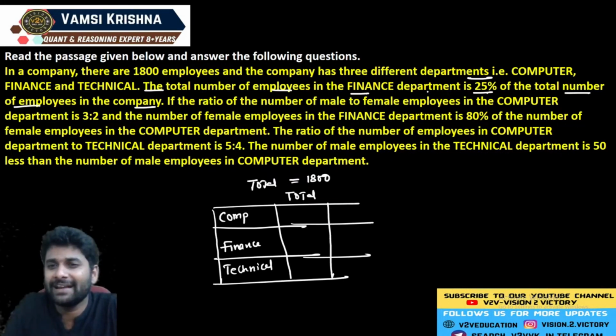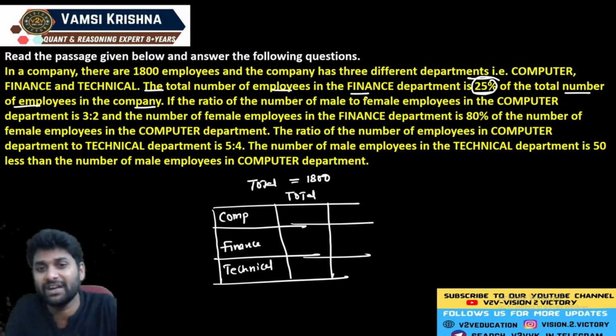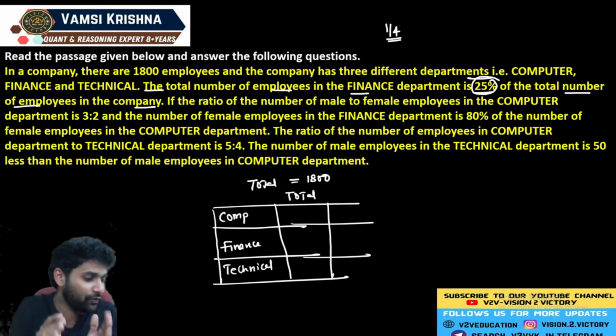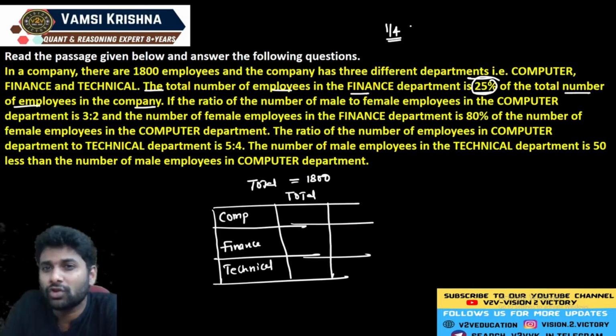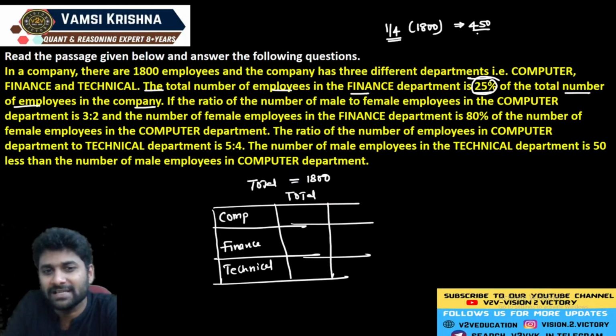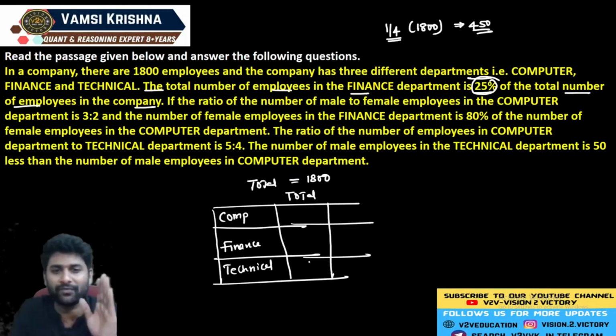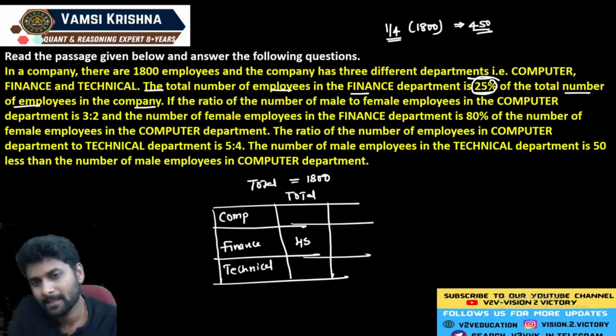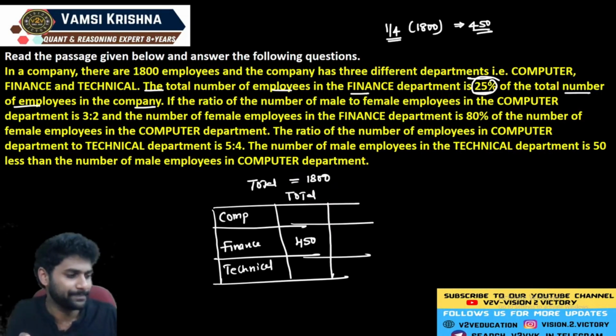So out of 1800, 25% of people are from the finance department. 25% means 1/4 of the value. So 1/4 of 1800 is exactly equal to 450. So 450 people are from the finance department. So we'll get one value here.